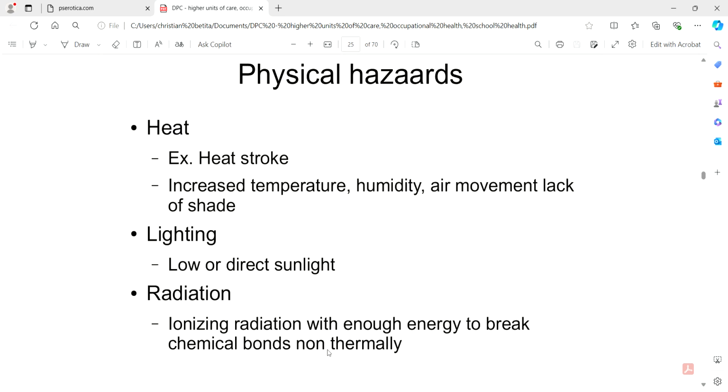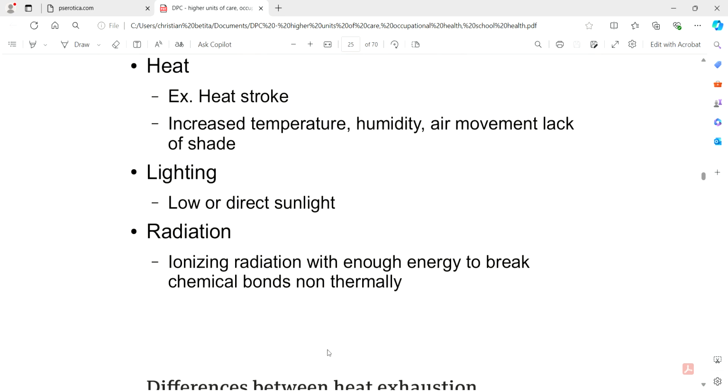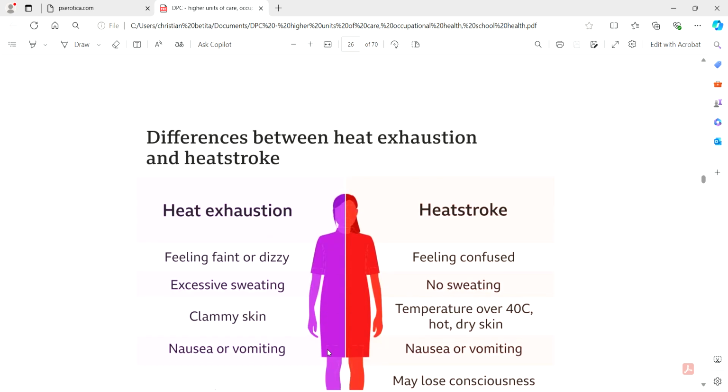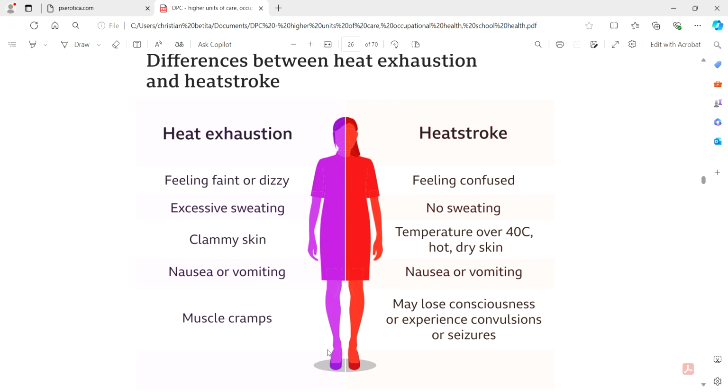So physical hazards would include heat, like heat stroke, lighting, maybe there's lower direct sunlight, and radiation from ionizing radiation. Examples of ionizing radiation would include X-rays and the gamma rays of the Hulk. Okay. So differences between heat exhaustion and heat stroke. With heat exhaustion, there's feeling faint or dizzy, excessive sweating, clammy skin, nausea, vomiting, and muscle cramps.